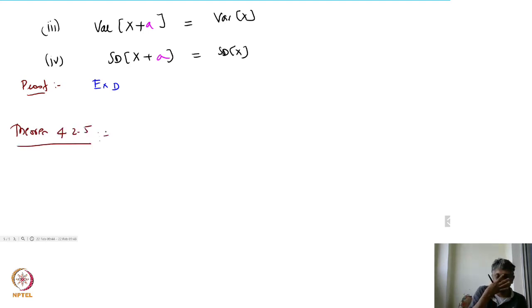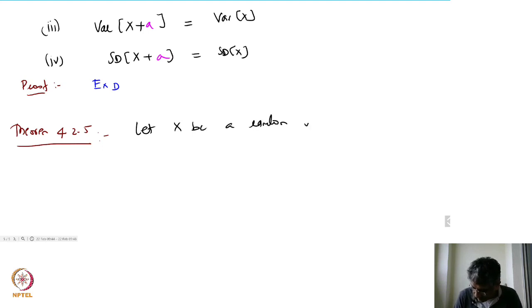The tool here is the following. Let x be a random variable for which E of x and E of x squared are both finite.